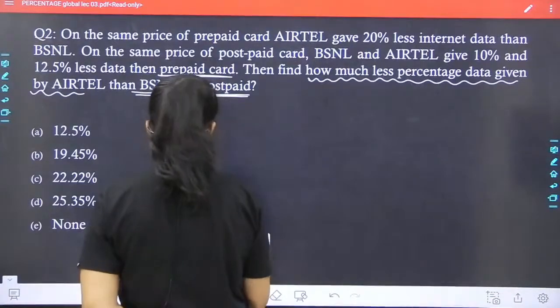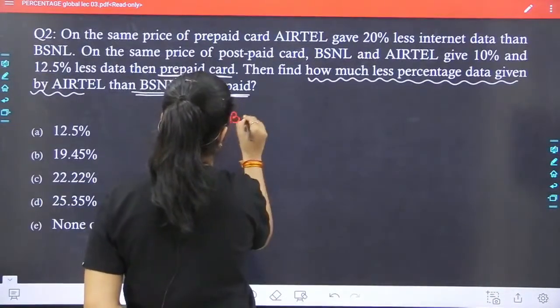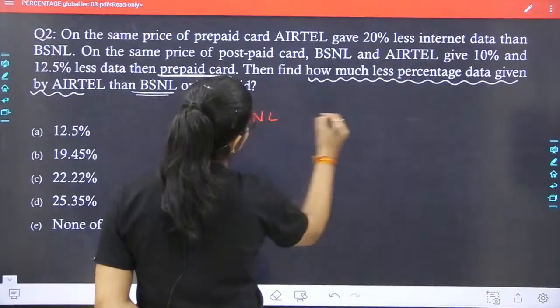The first one is BSNL and the second one is Airtel.